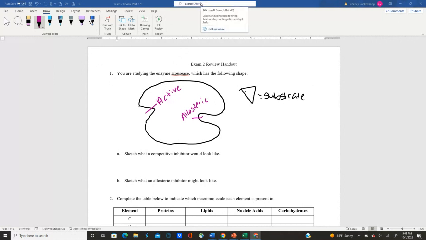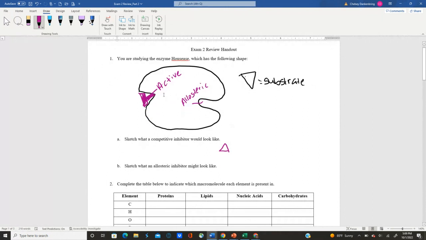You could have made a million different drawings, but essentially it can be like a smaller triangle. Heck, it could even be something that fits in here, like this for a shape. Honestly, anything that would fit into that space. Normally it's going to be very similar to the substrate. I was being a little dramatic in what I drew on the enzyme, but the point is that it has to be able to wedge itself in there and stay there.